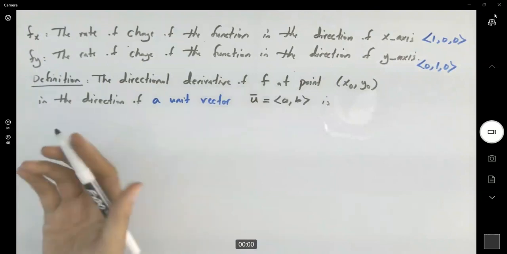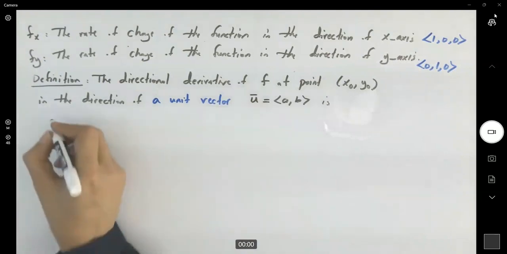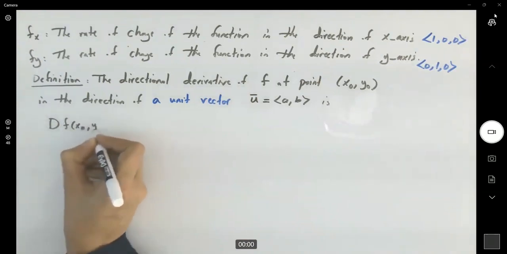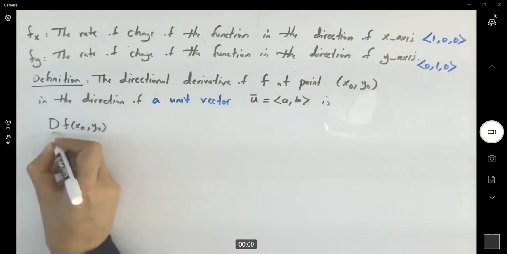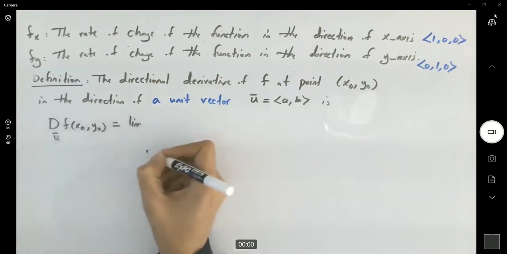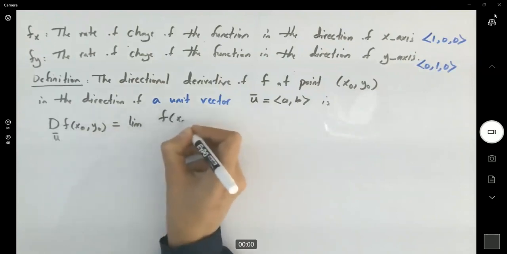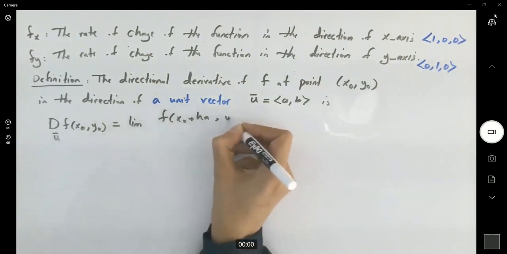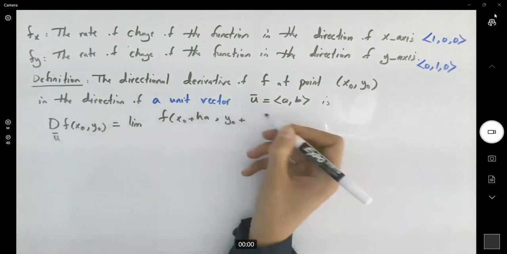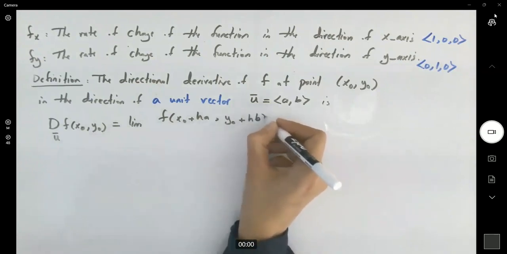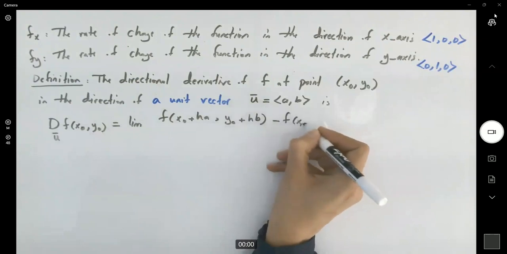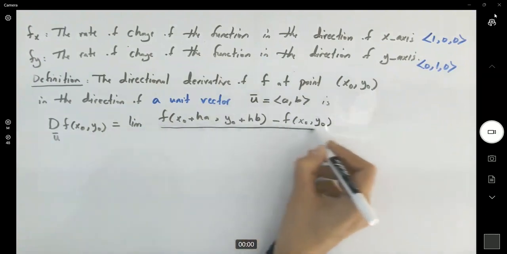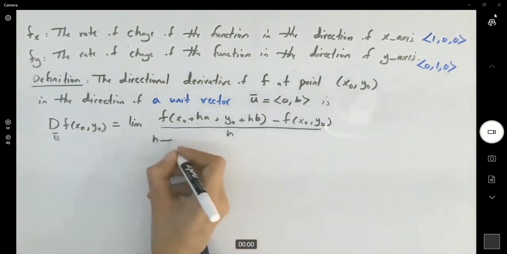This is the official definition, the limit definition of the derivative. The directional derivative of function f at point x sub 0, y sub 0 in the direction of vector u is the limit of f of x sub 0 plus ha, comma, y sub 0 plus hb, minus f of x sub 0, y sub 0, divided by h, as h goes to 0.